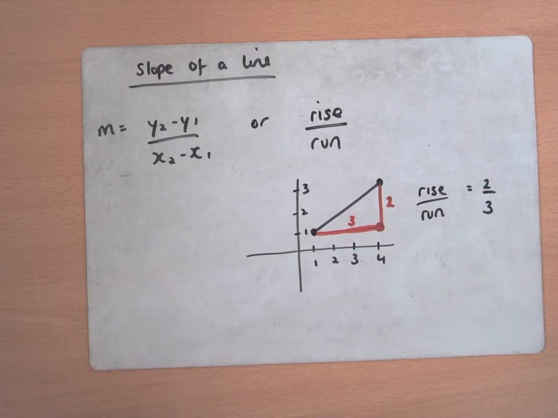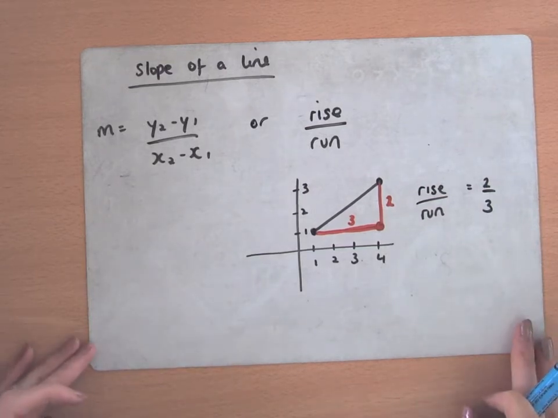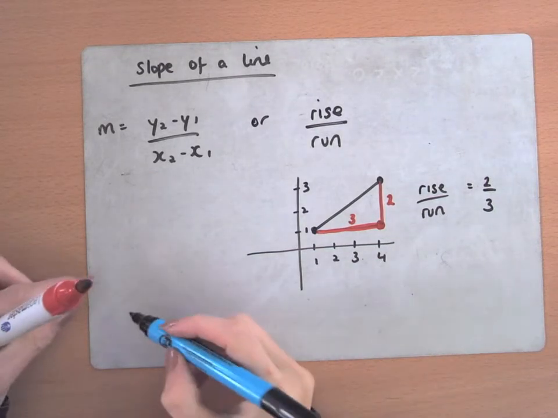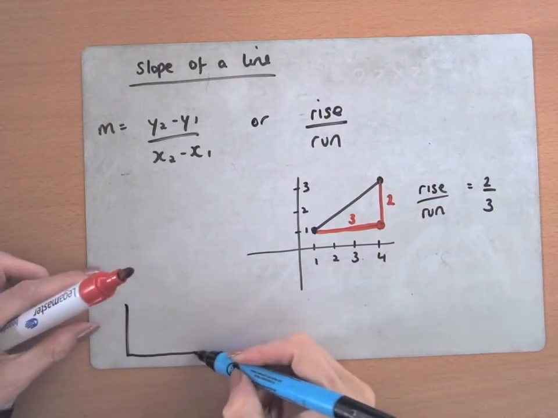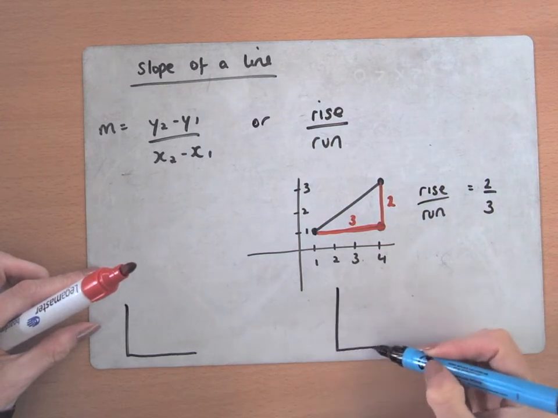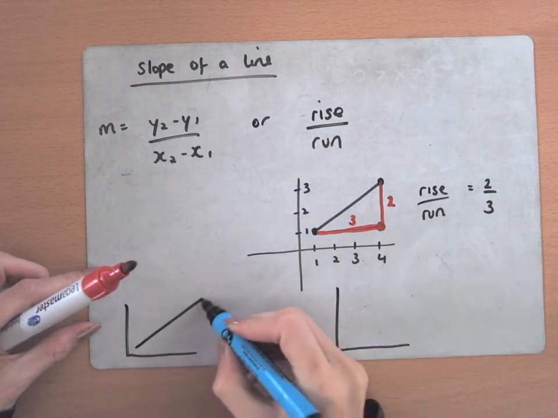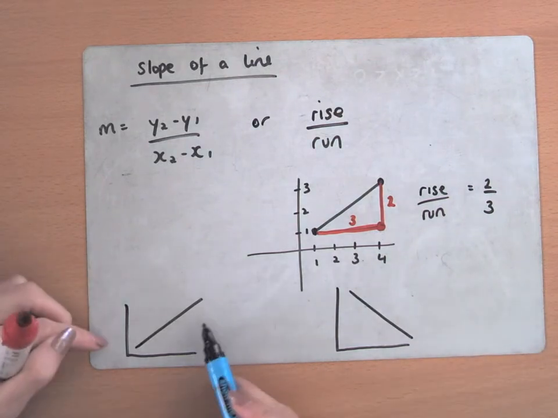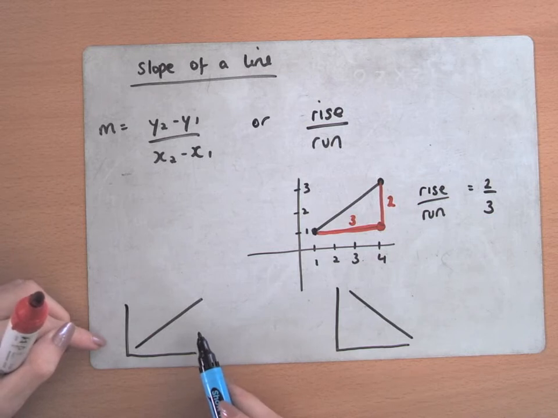Now, down here we have 2 different lines. This line has either a positive or a negative slope.